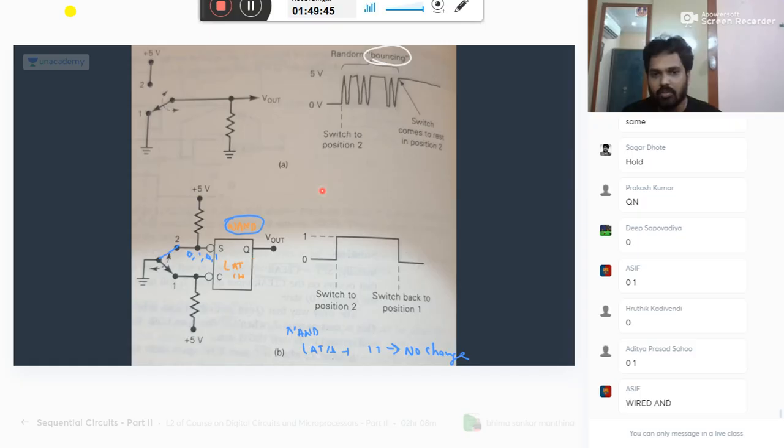Why? One input is oscillating as 0 1 0 1 but the other input is 1 only, so it will read 0 1. After that even if it becomes 1 1, no change, it will not read. So oscillations will not come in your output in this case. This is what we call a debouncing circuit.